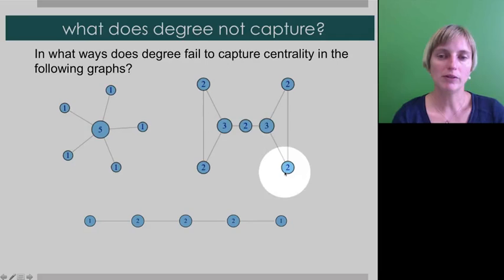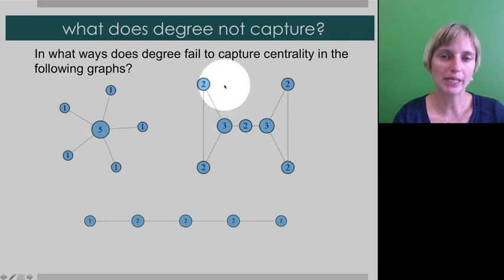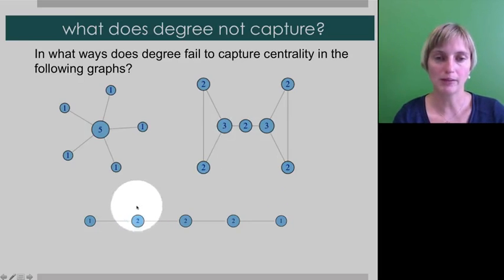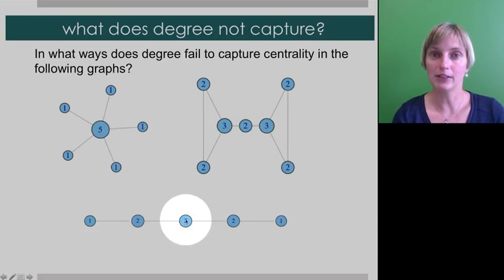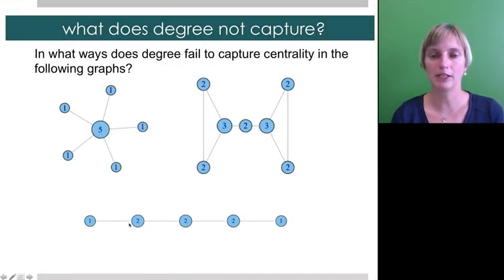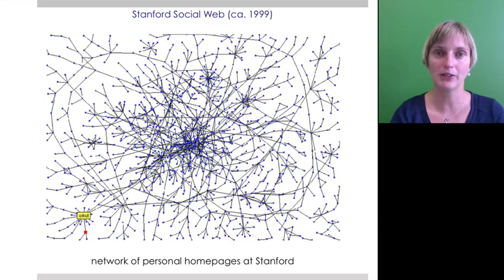But intuitively we think that this node must be important because everyone here who may want to get in touch with anyone here is going to have to go through this node. So how would one capture that? Similarly here, degree says all of these are equal, but this one, if it wanted to visit any of the other nodes, it would just make 2 hops max, and all the other nodes would potentially have to make 3 or 4 hops if they want to reach some of the individuals in the network. So how do we capture that?